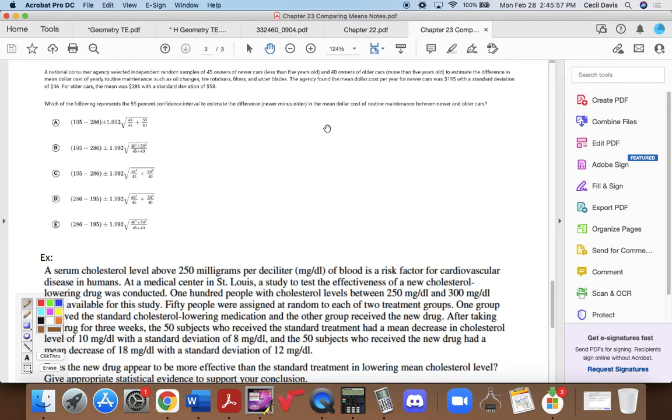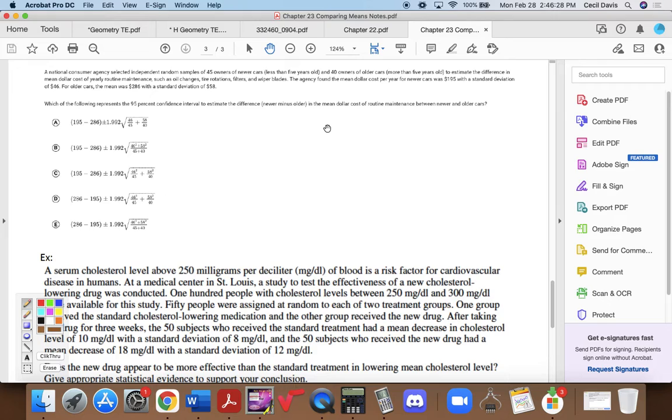The agency found the mean dollar cost per year for newer cars was $195 with a standard deviation of $46. For older cars, the mean was $286 with a standard deviation of $58. Which of the following represents the 95% confidence interval to estimate the difference, newer minus older, in the mean dollar cost of routine maintenance between newer and older cars?